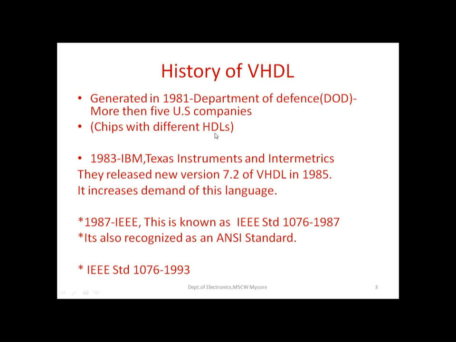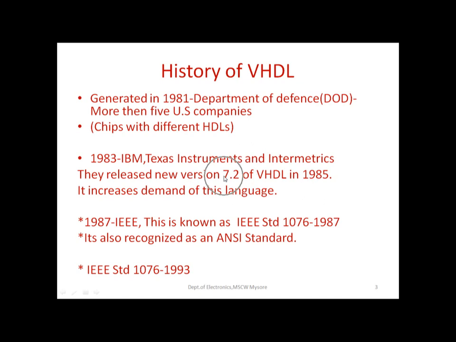But all the companies were using different hardware description languages, and it was very difficult to implement the different languages for the defense. So next, three companies took the contract to design the VHDL for the DoD with the same HDL, and they achieved it, and they released version 7.2 in 1985.